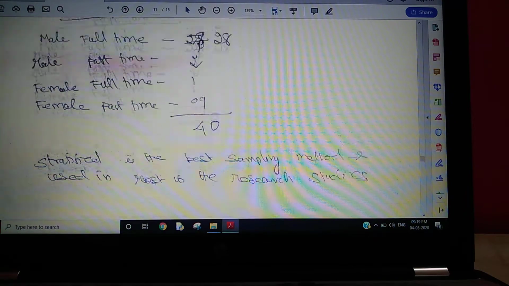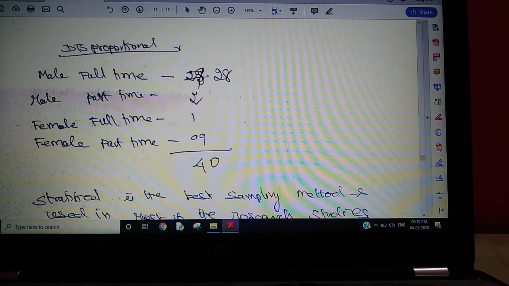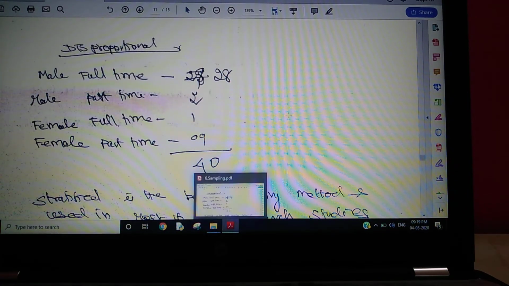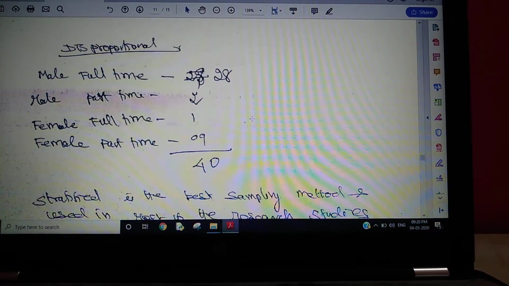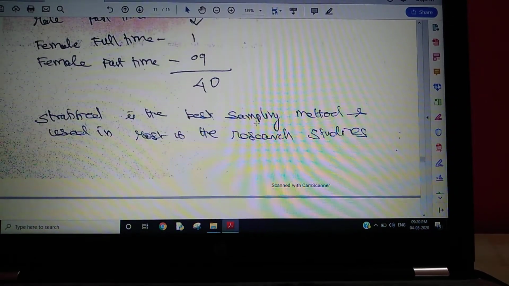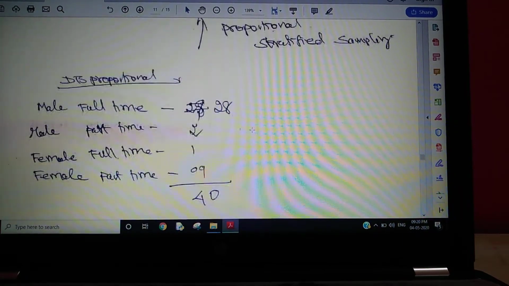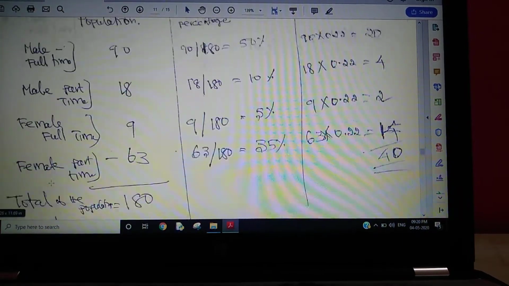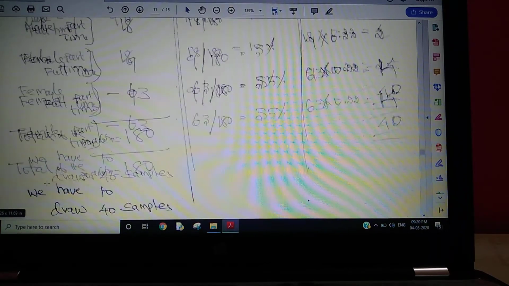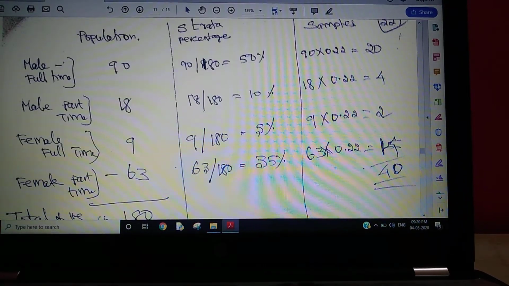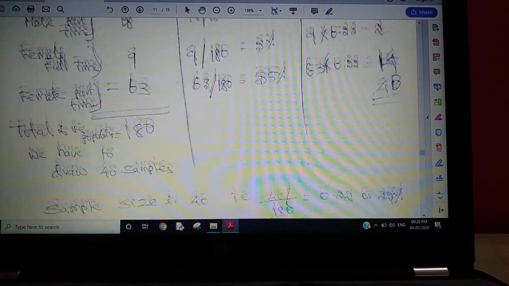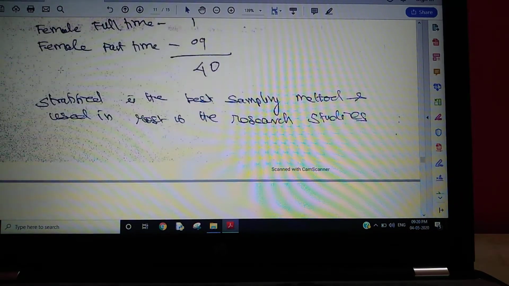So we are not giving more importance to these strata, but we are giving more importance to this one. This is called disproportionate. So in stratified sampling, first the strata are divided based on homogeneous characteristics. Here we took two things, gender and working time. Based on these two things we are dividing, and from each stratum in a proportionate manner we took the sample.